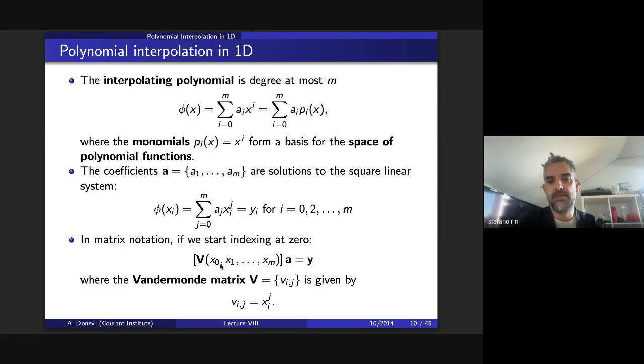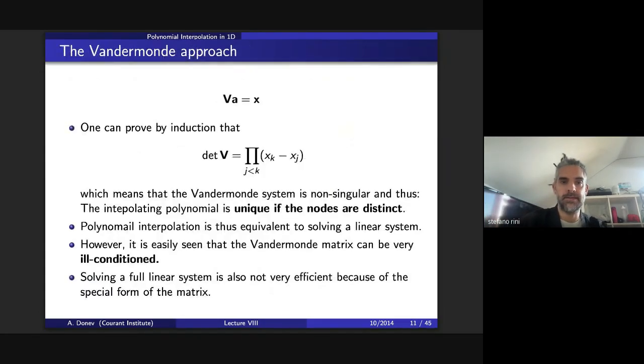So we evaluate the basis function at the different nodes that we're trying to approximate, and this gives rise to the Vandermonde matrix V, in which V ij is equal to xi to the j. This is the evaluation of the jth power of the polynomial at the ith node of my set.